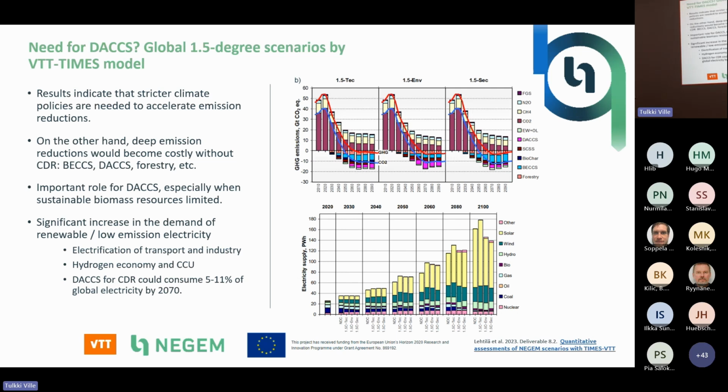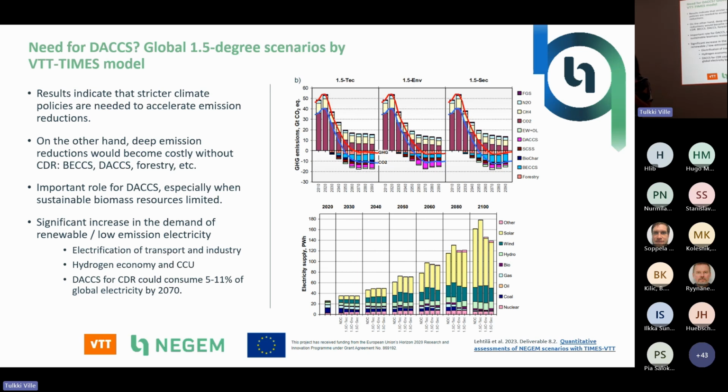What we have done at VTT and in this NEGEN project that has just finished, we have modeled our own mitigation scenarios. So these are also these 1.5 degree scenarios where we try to illustrate the potential need for these technologies removing carbon dioxide from the atmosphere.